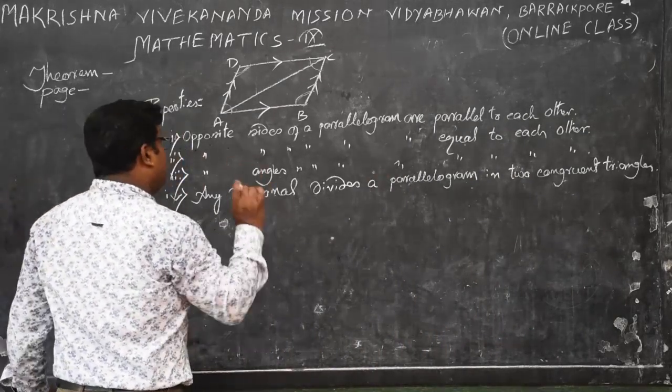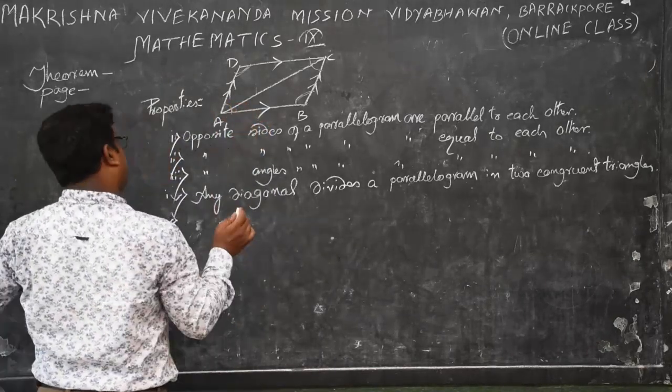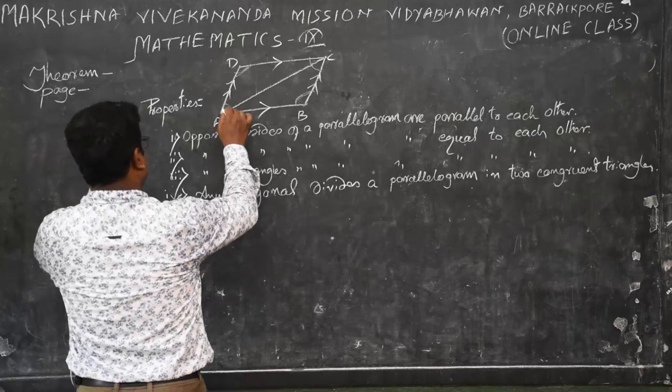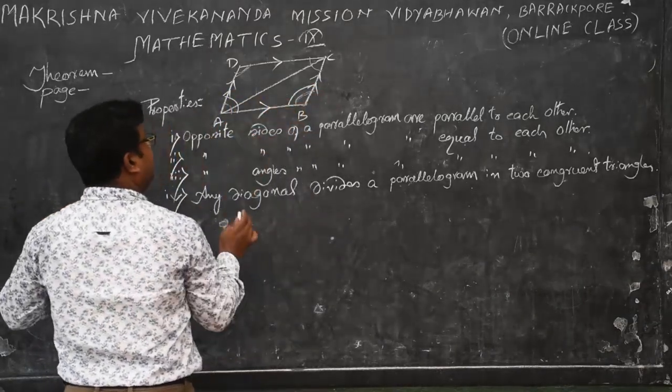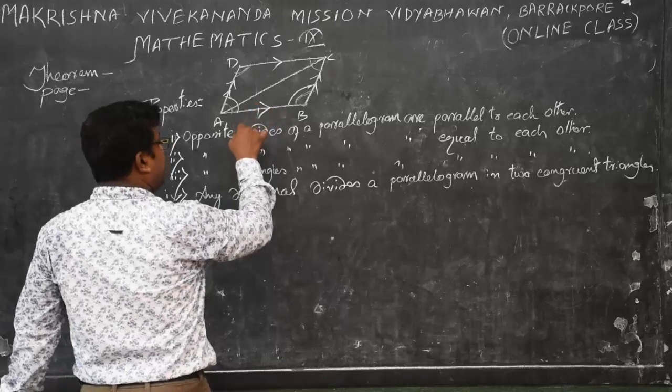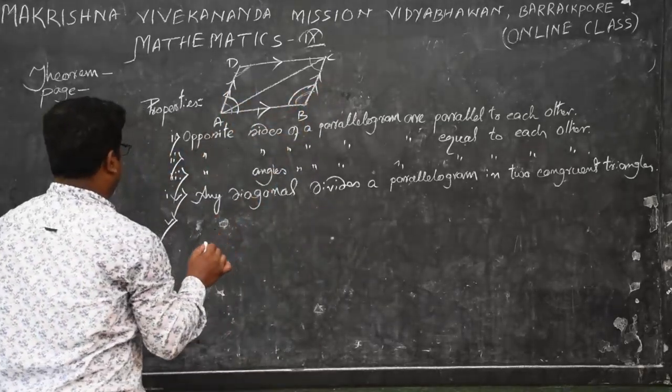Okay. Number five. Two angles adjacent to any side are supplementary to each other. That is, suppose this angle and this angle are two angles adjacent to this side and sum of them must be 180 degree.